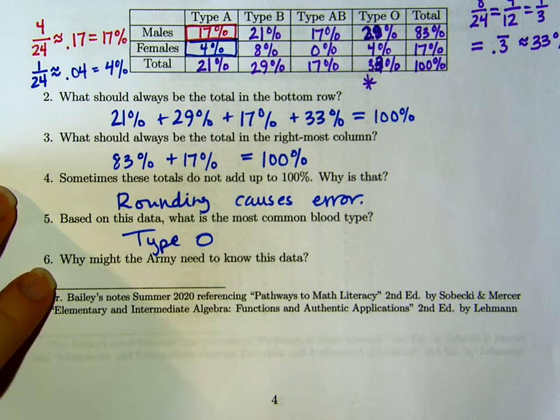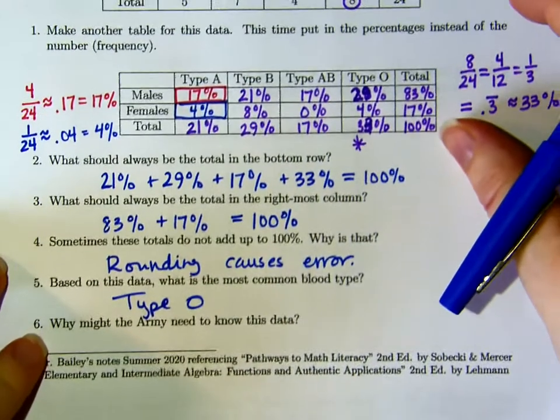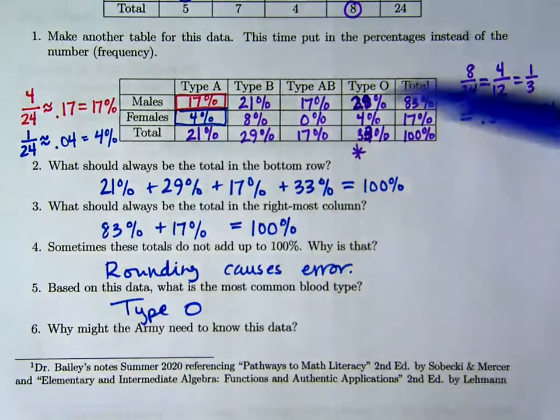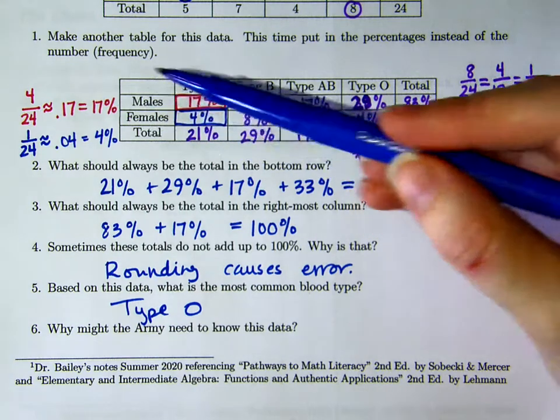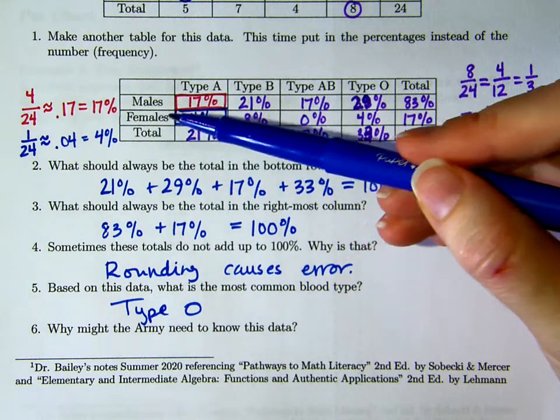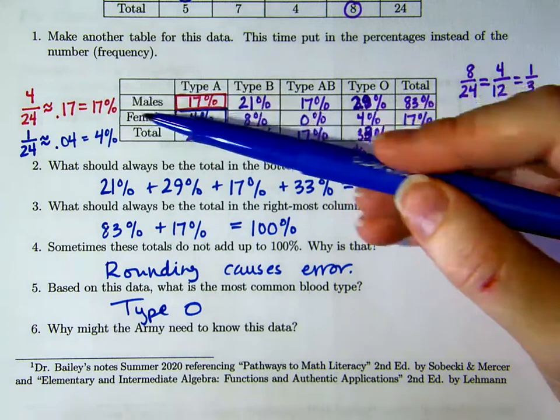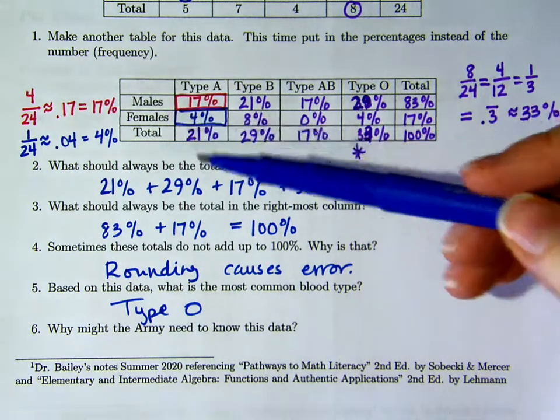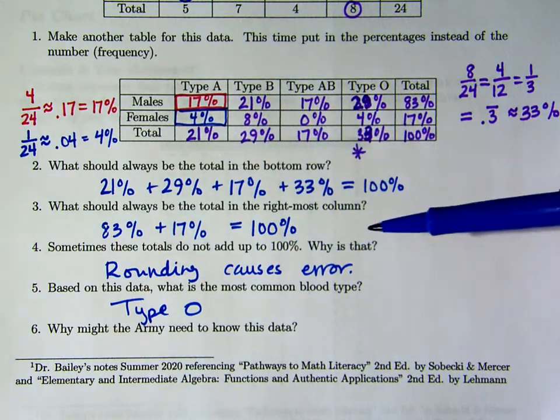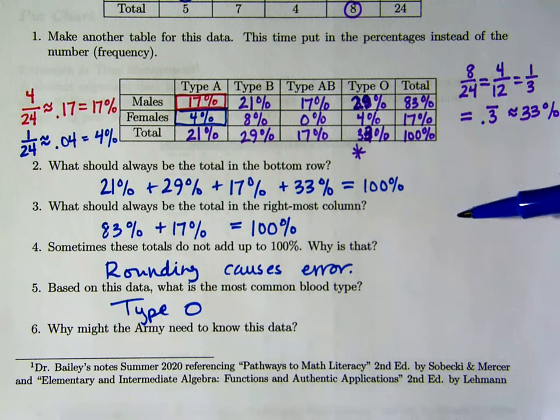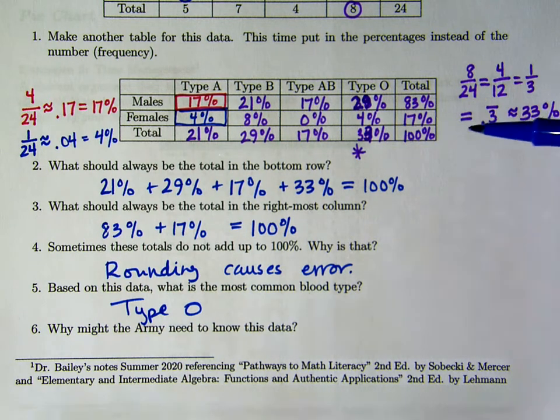Why might the Army need to know this? Well, when I look at this data, I'm not entirely sure why this data table included the gender identifications, unless perhaps that speaks to something like quantity of food you need on a base, or number of boots in size, whatever.